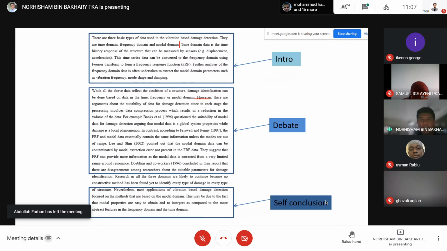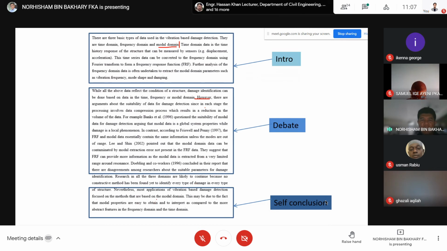For example, Banks et al. 1998 question the suitability of modal data. So you can see that I have modal data, I have frequency data, I have time domain data. So I want to choose which data I want to use. So there are arguments. The first one, Banks says modal data is not good.